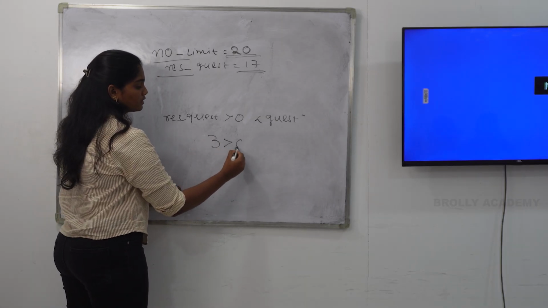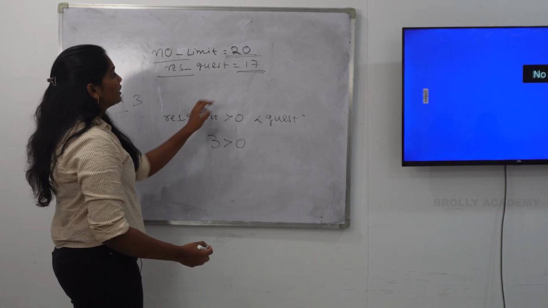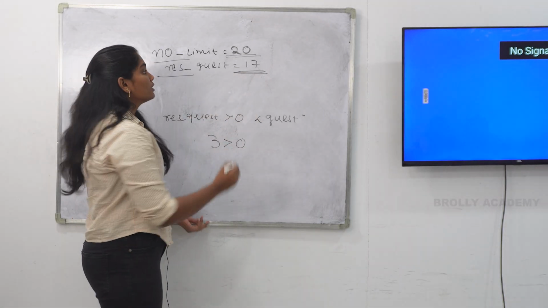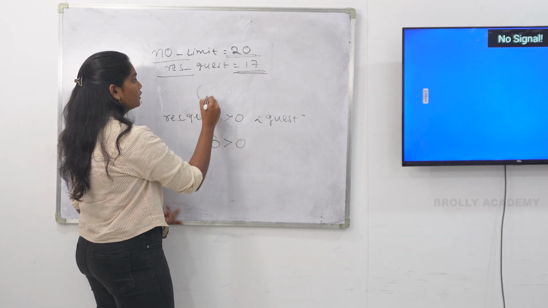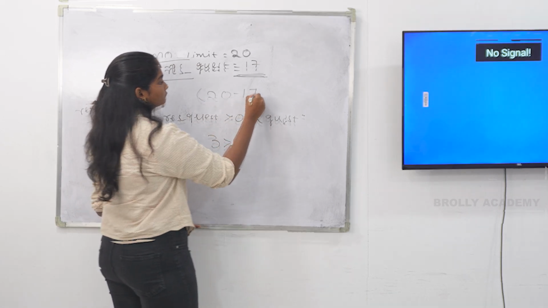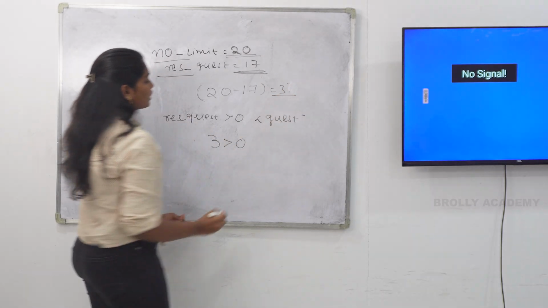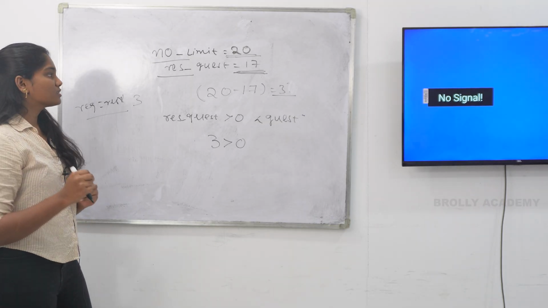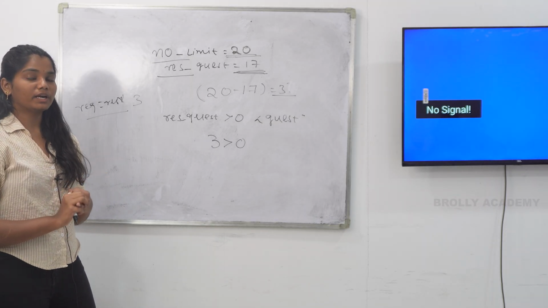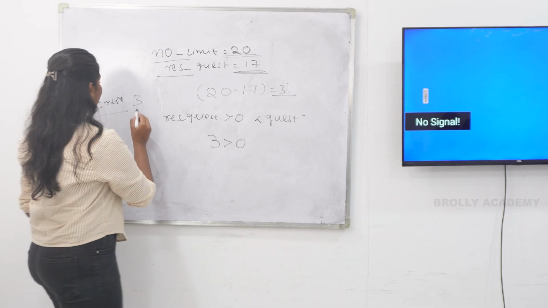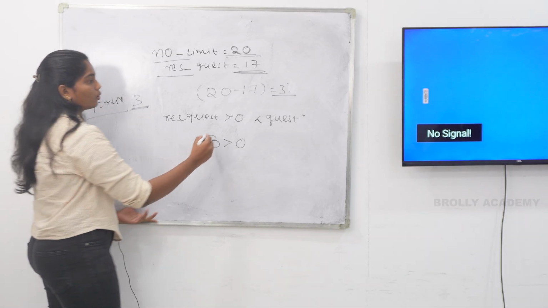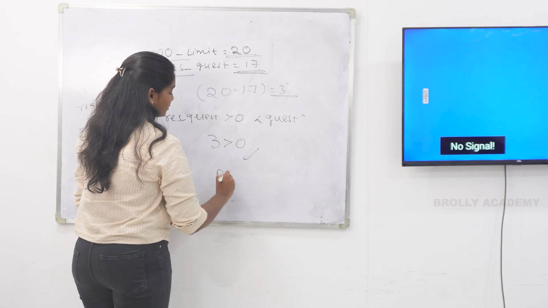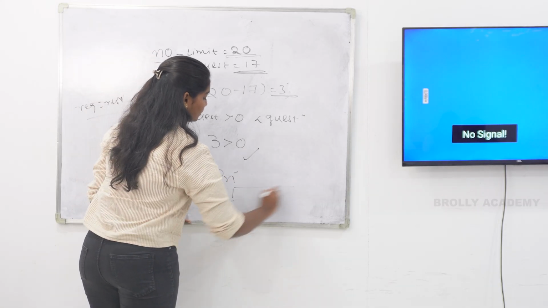It is greater than 0 obviously, and here 17 is already filled. So what we will do is 20 minus 17, 3. So now 3 members can go into a restaurant. 3 members reservation can be made in a restaurant. So our required guest count is okay with this condition. So that will print the statement: your reservation will be booked.